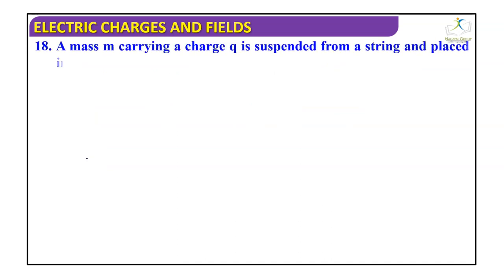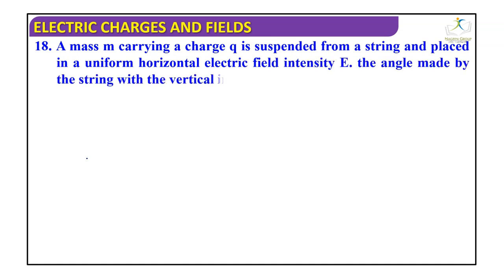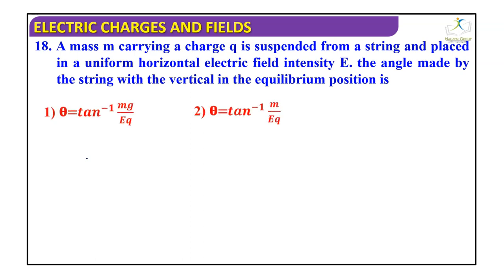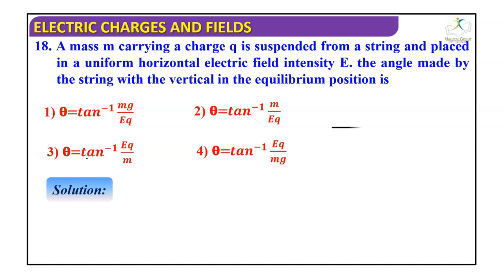Next we have a mass m carrying a charge q suspended from a string and placed in a uniform horizontal electric field of intensity E. The angle made by the string with the vertical in the equilibrium position is? Let us see the solution of this question.